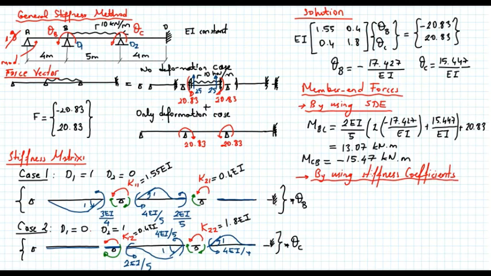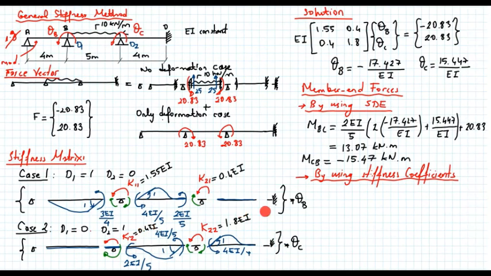Let's take a look at it. Now let's focus on member BC. In this free body diagram, when we have rotation at C, the end moments are 4EI over 5 multiplied by theta C, and 2EI over 5 multiplied by theta C. I'm just focusing on member BC right now.